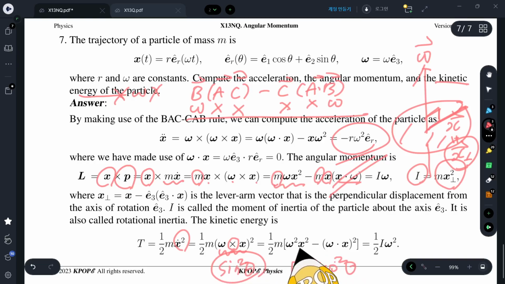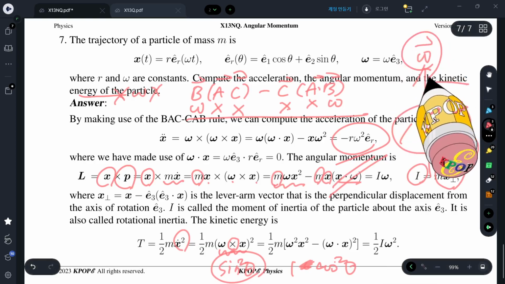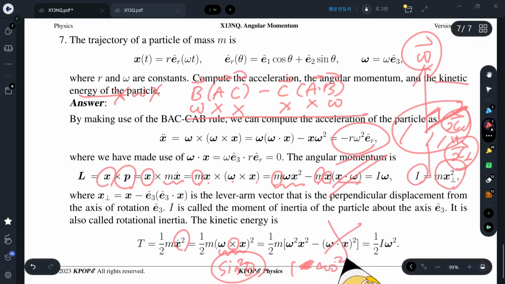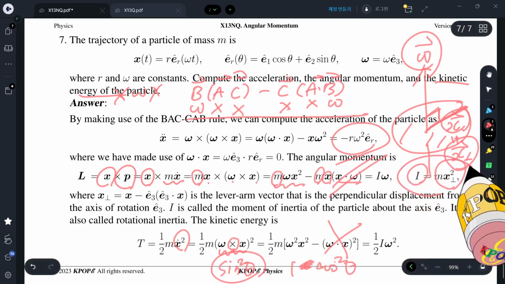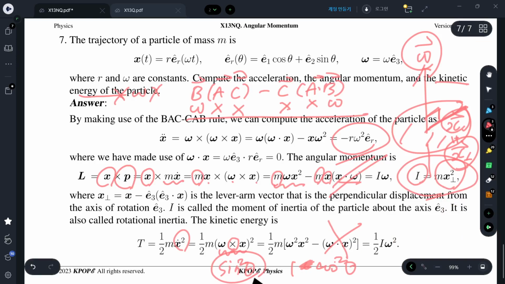If I factor this omega squared x squared out, it is nothing but 1/2 I omega squared. The reason is that, again, omega and x are perpendicular to each other, so this one vanishes. 1/2 omega squared, lever arm squared, and I is mass times lever arm squared. Okay, that's it. If you completely understand this part, you can begin with X13Q.